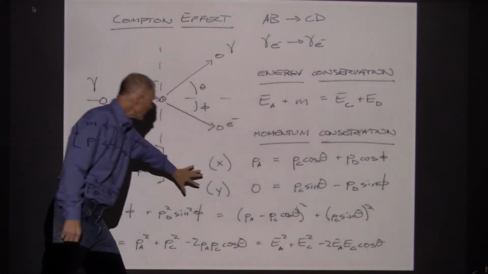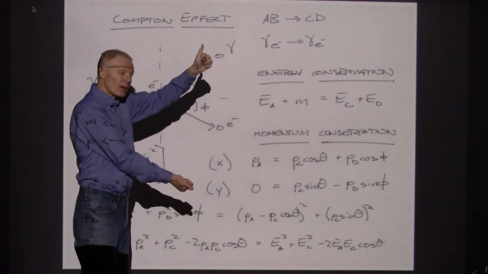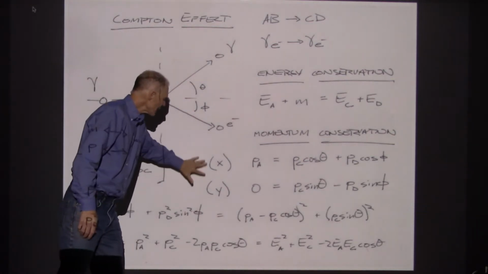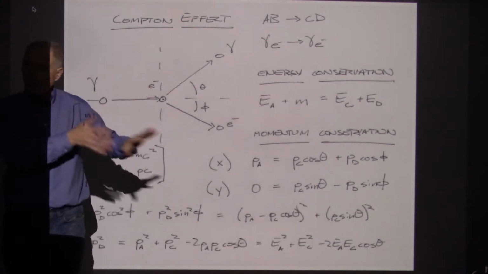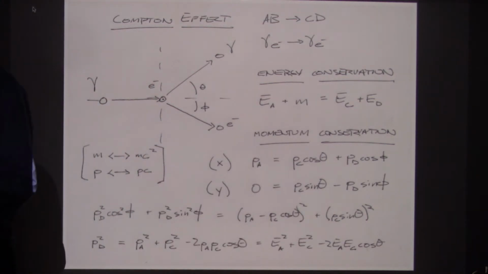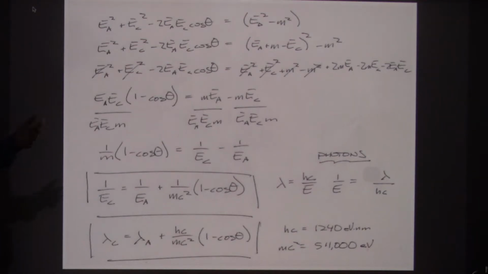But we know that the combined momentum effects have to match, and that's what we've written down here. So again, just following the formulas, assuming that special relativity works and that quantum mechanics works, makes a set of predictions, and we can go in and check.